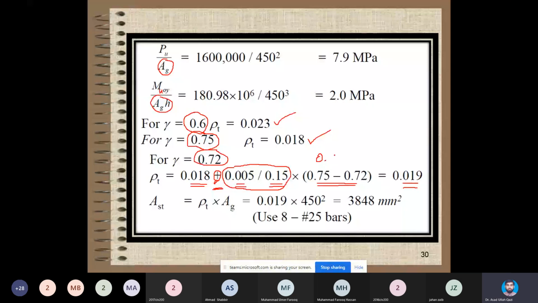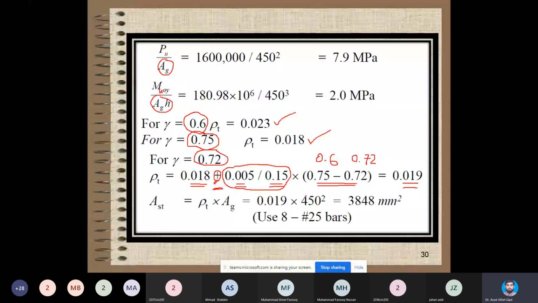So then you will actually be calculating 0.72 minus 0.6 times this rate of change, and you will subtract it from 0.023 to get to that 0.72 gamma. So this is just linear interpolation, and I think you are expert in these linear interpolation steps. So in this way, the total reinforcement ratio in this column comes out to be 1.9%.